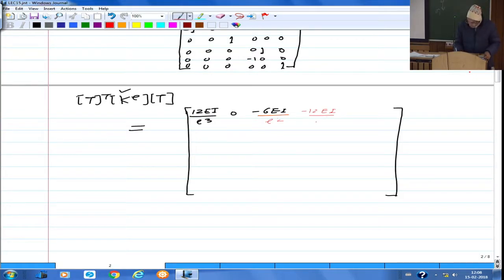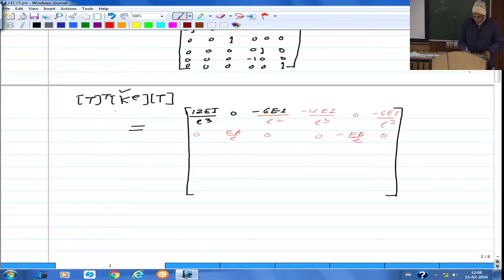So this is 12 EI by L cube, then 0, minus 6 EI by L square. So after the transformation this is what the first row would be. And then the second row is 0, EA by L, 0, and then minus one more 0 here, 0, and then minus EA by L, 0.